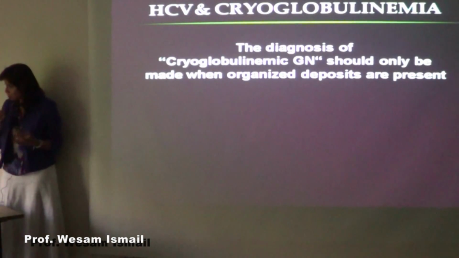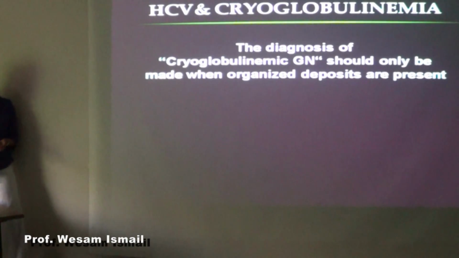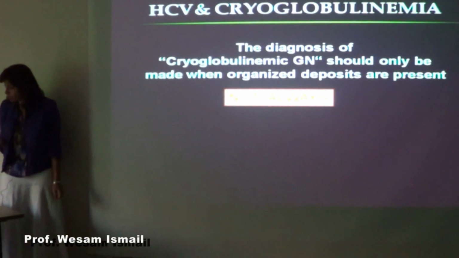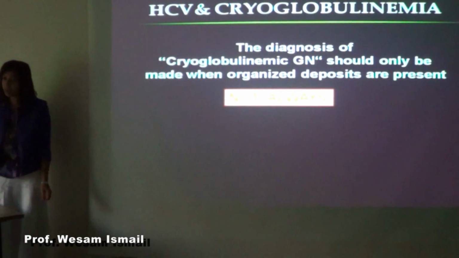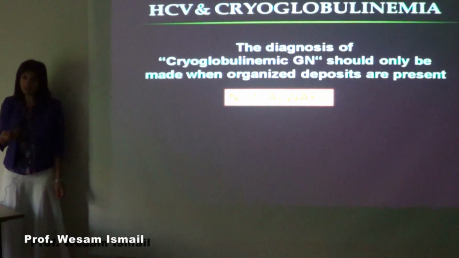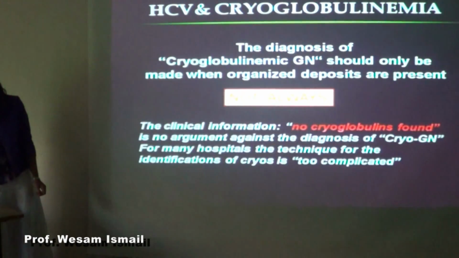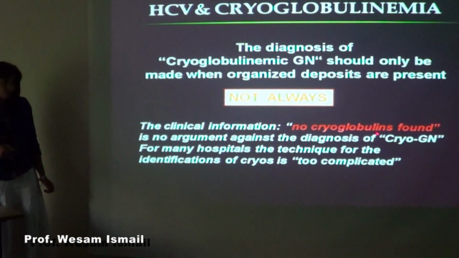The sentence which used to say that the diagnosis of cryoglobulinemia should only be made when organized deposits are present is not applicable and it's not true. You do diagnose cryoglobulins on the level of light microscopy and IF alone if you have enough suspicion and the clinical information.